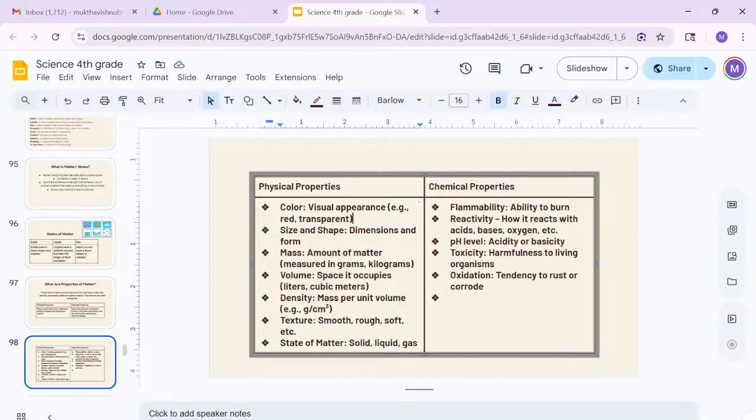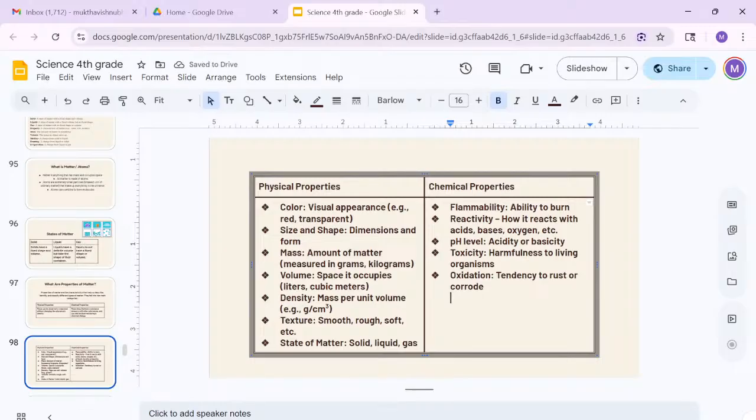Basically if these are happening, then you can tell that there is a chemical reaction occurring, like toxicity, oxidization, tendency to rust or corrode. And I was actually wrong earlier.